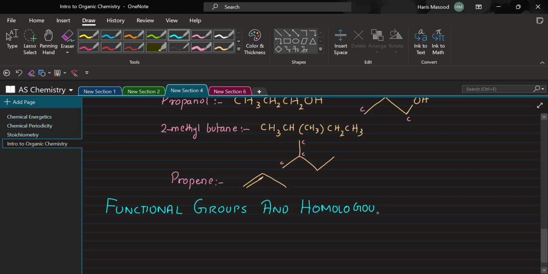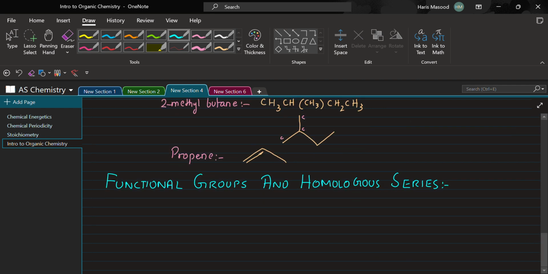Functional groups and homologous series. For functional groups, functional groups are basically an identity of a compound.